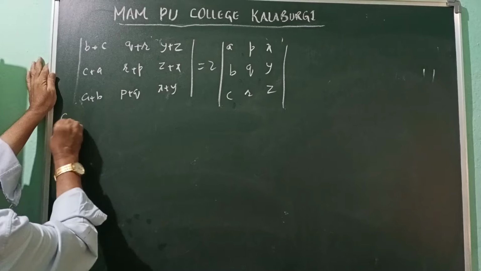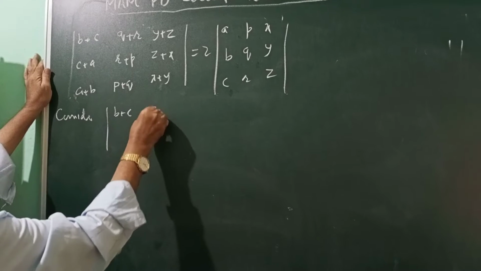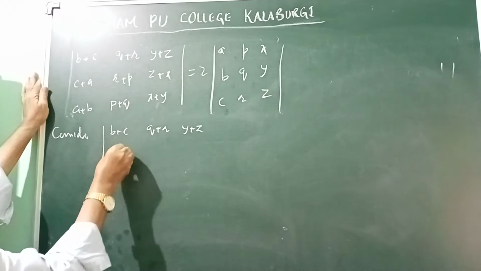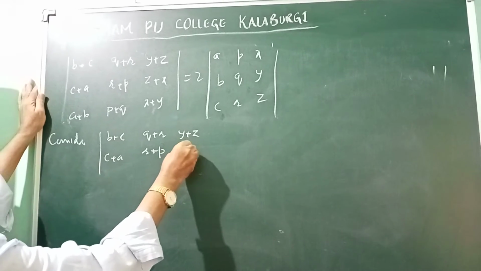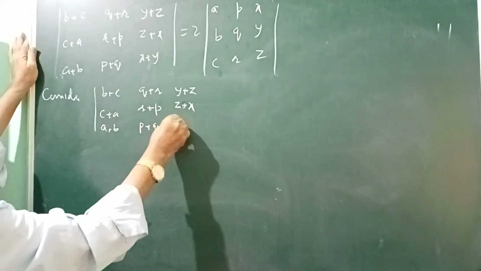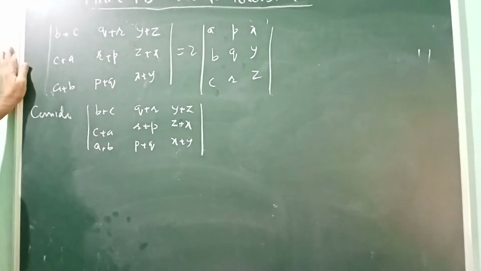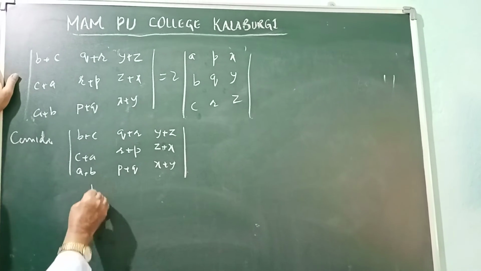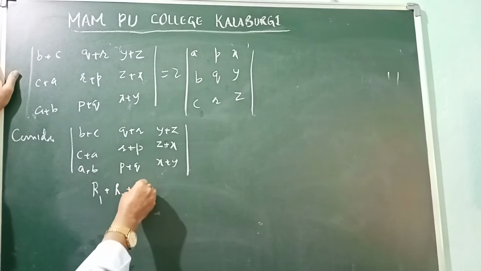Consider the left hand side, given by B plus C, Q plus R, Y plus Z; C plus A, R plus P, Z plus X; A plus B, P plus Q, X plus Y. Our aim is to get 2 here. For this, in the first row, let us add the second row and third row.